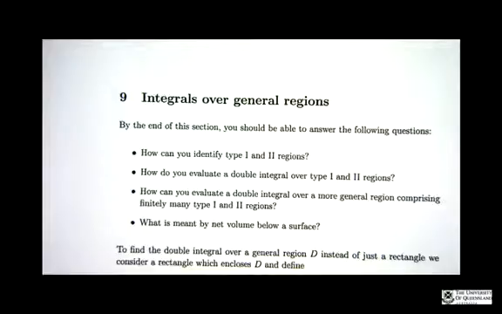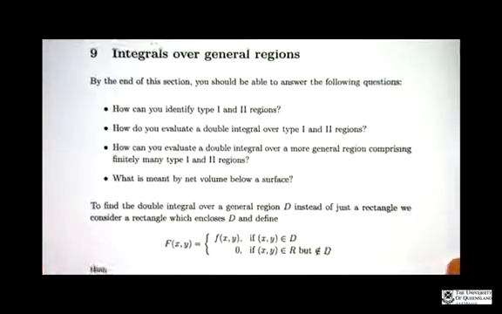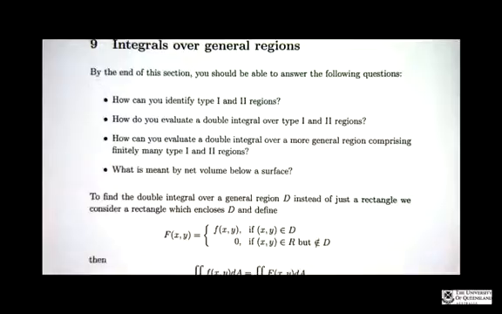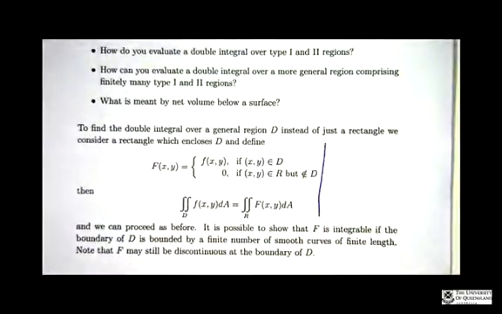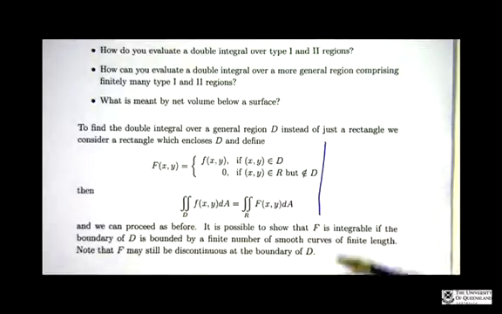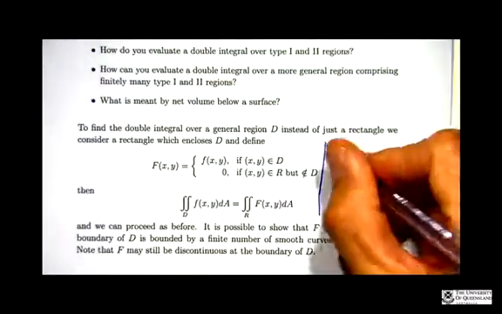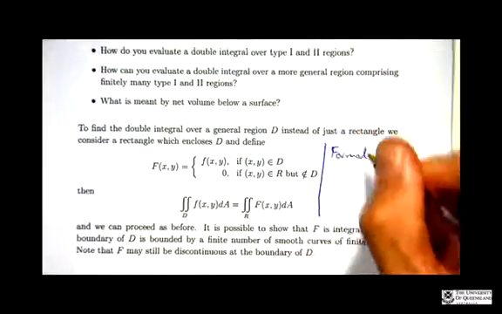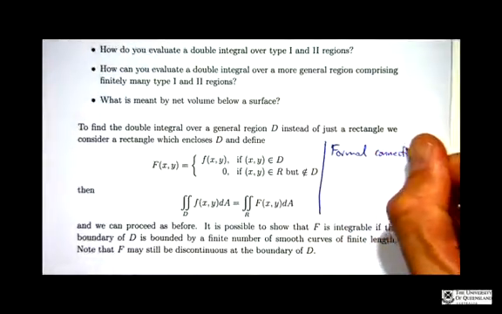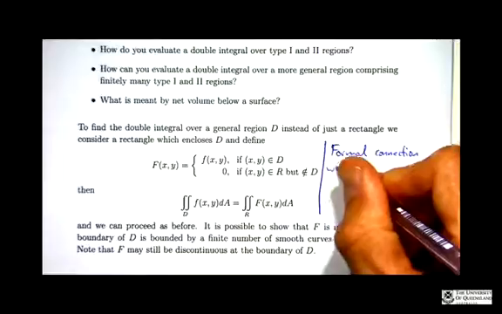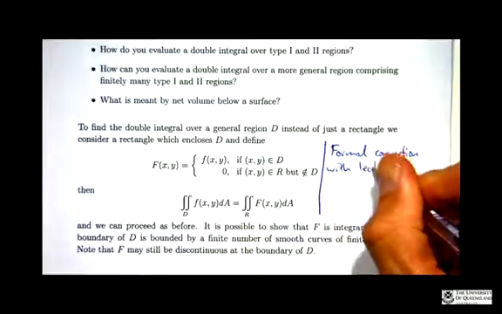Now, on page 60, we have a way of making a formal connection between what we've seen so far, where the regions of integration have just been rectangles. You might like to make a note that this discussion on page 60 is a formal connection with what we covered in lecture 7.